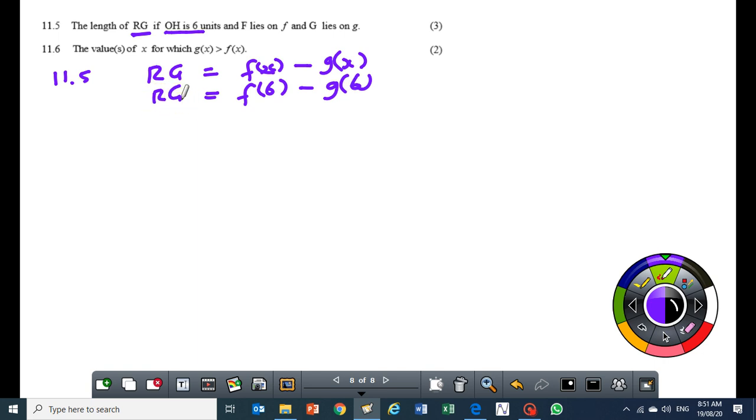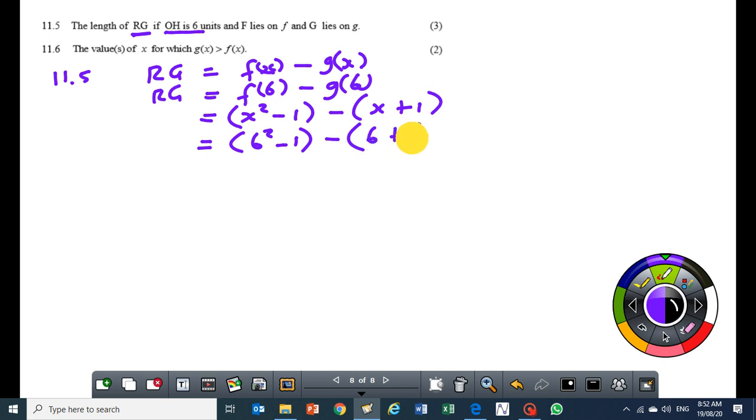So, we substitute into the straight line. Remember, this one here is x squared minus 1. And that one there is x plus 1. So all we are doing is we are substituting x equal to 6 there. So it will be 6 squared minus 1 minus 6 plus 1. This will give you 35. And that one there will give you 7. So your answer will be 28 units.